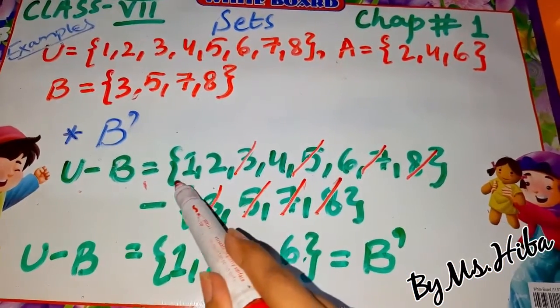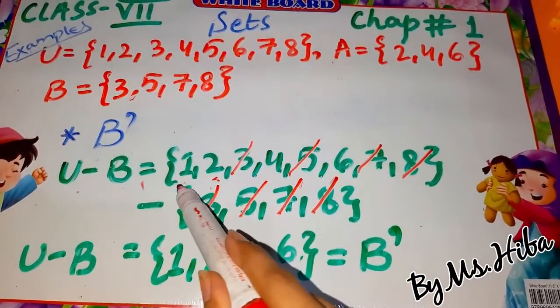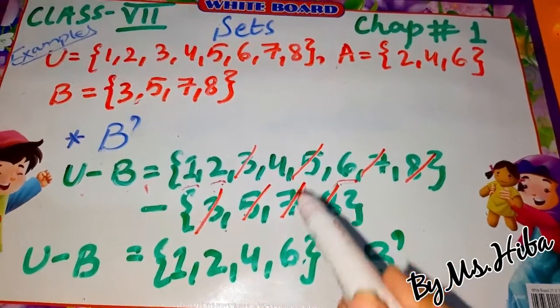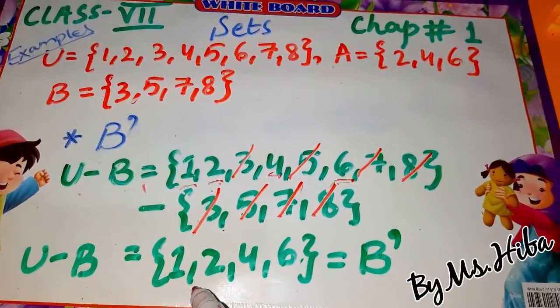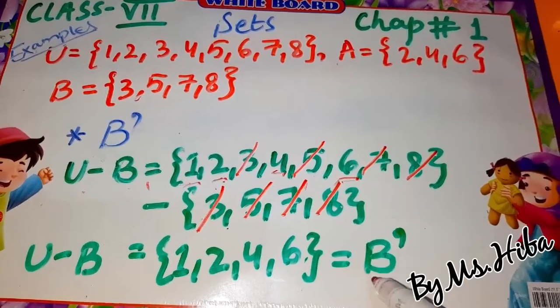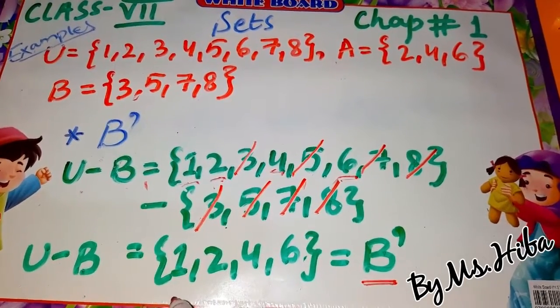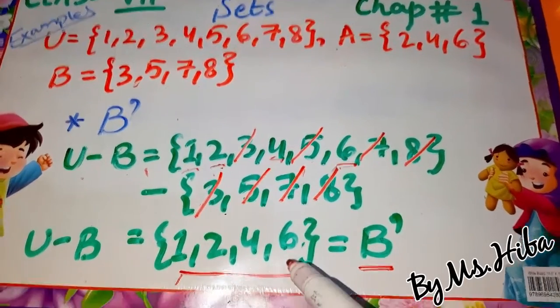So we have 1, 2, 4 and 6 left here, so it will be the B complement. It is the set of B complement.